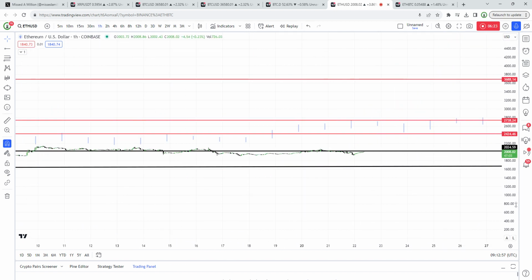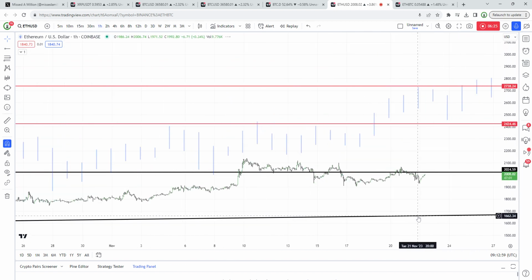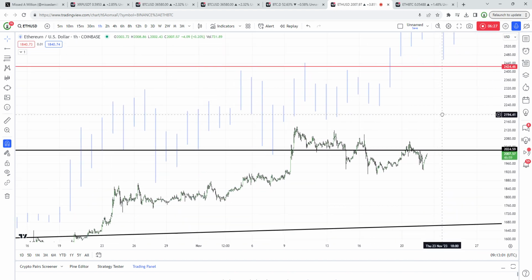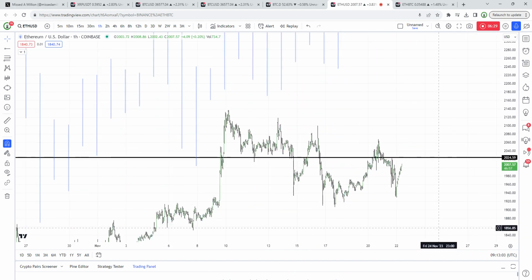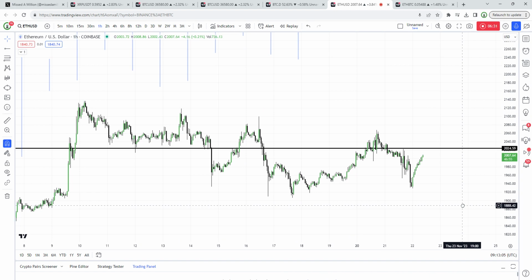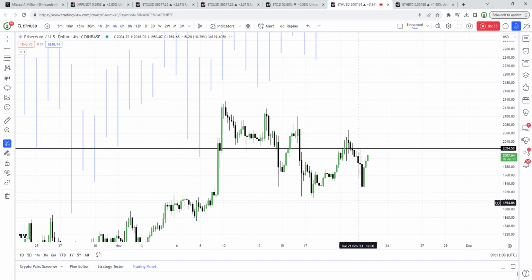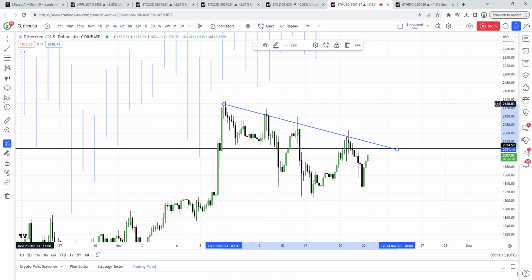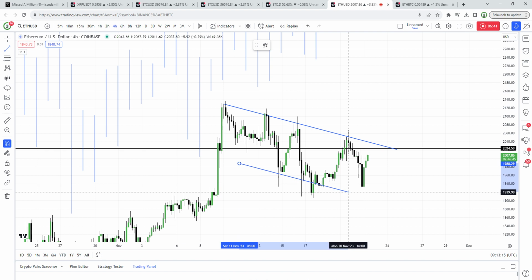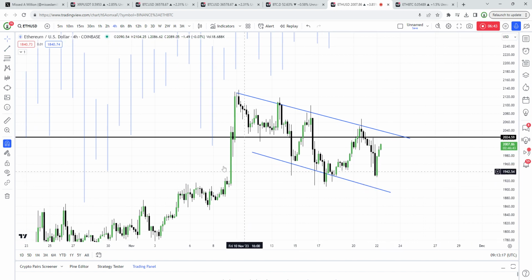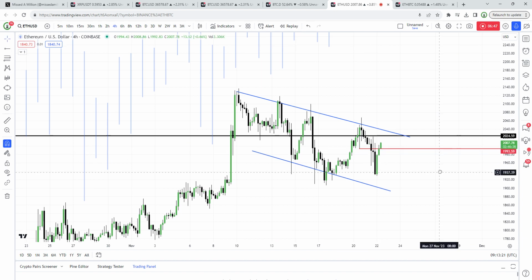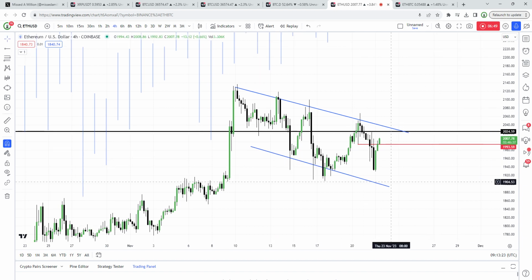Come and join us. On the hourly chart, you may have noticed that yesterday we had a bit of a drawback. But in fact, we'll go to the 4 hour. We've got this bull flag. And this zone here, where the red line is, what we like to see is that all of the liquidity is taken out.